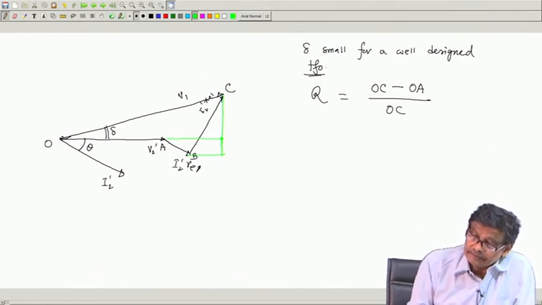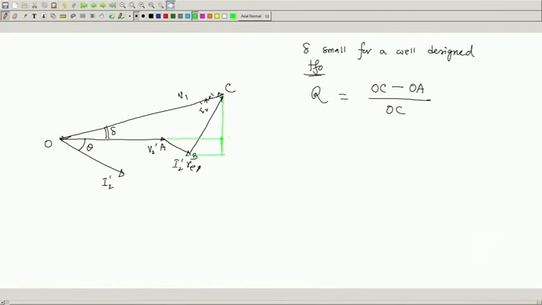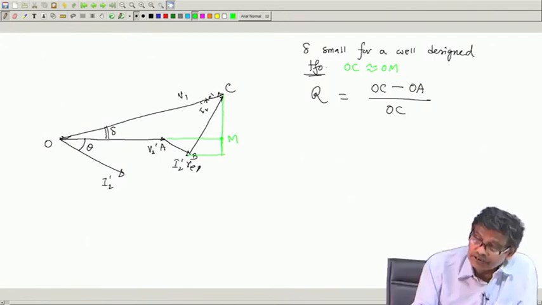Okay. Suppose this I call point M. Since delta is small, then I can say that OC is approximately equal to OM, is it not? This length will be approximately equal to this length.